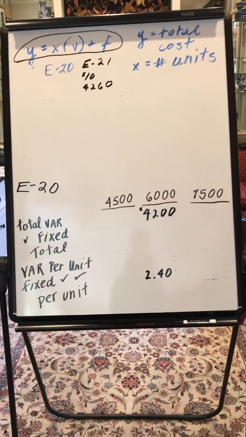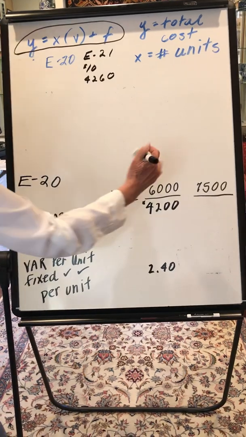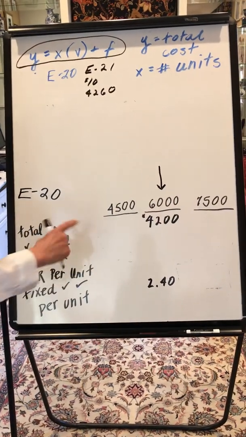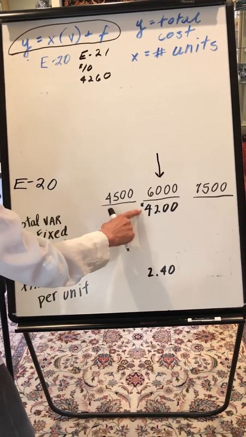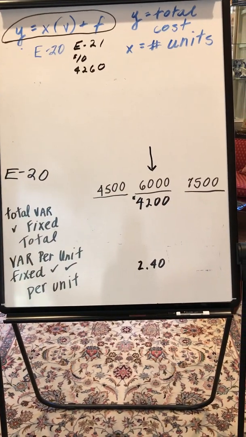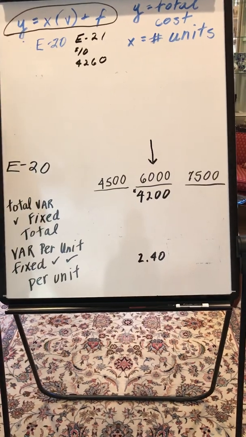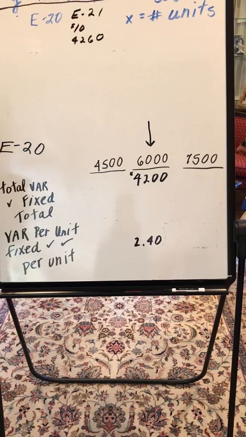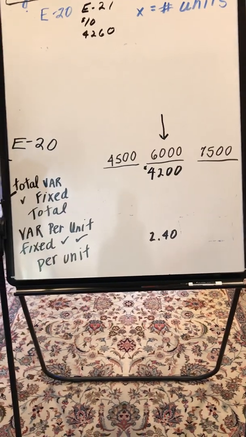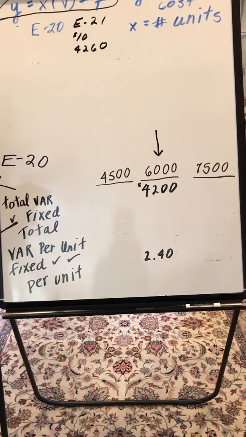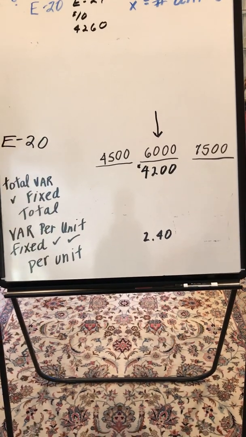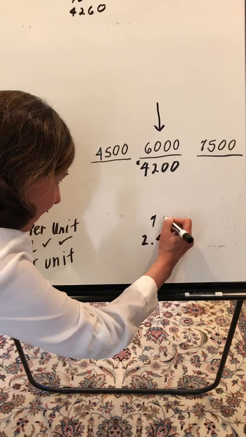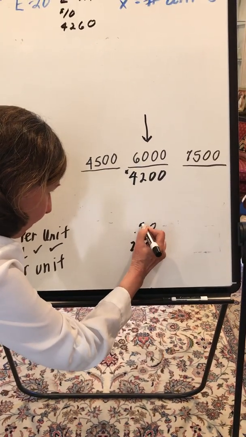We'll start with the 6,000 units. We're told that total variable cost for 6,000 units is $4,200. Then what is the variable cost per unit? 4,200 divided by 6,000 is 70 cents.